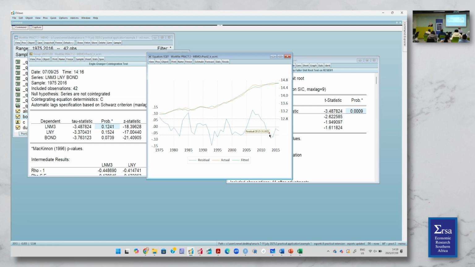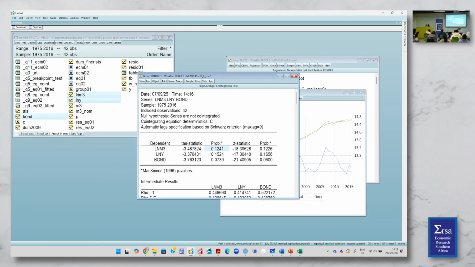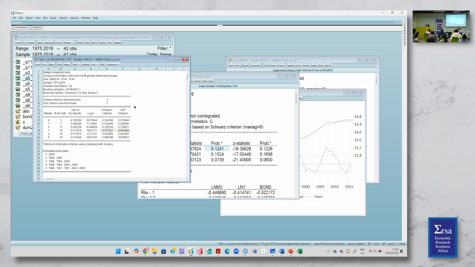So how can we then try again? We can do that test for the multiple break, and it is here. It shows 3 breaks: 86, 94, 2009.